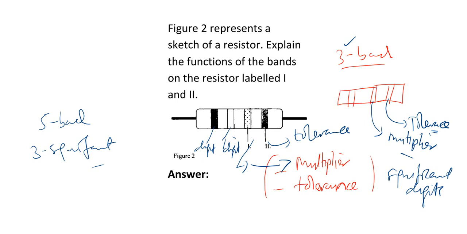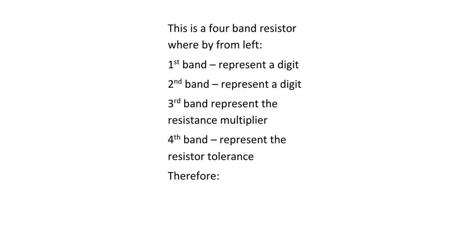You can check more on color coding for resistors and look at how we determine the resistance value given the colors, or when given the value, how you determine the color coding. So for this 4-band resistor, from the left, the first band is a digit, the second is a digit, the third one is the resistance multiplier, and the fourth one is the resistor tolerance.